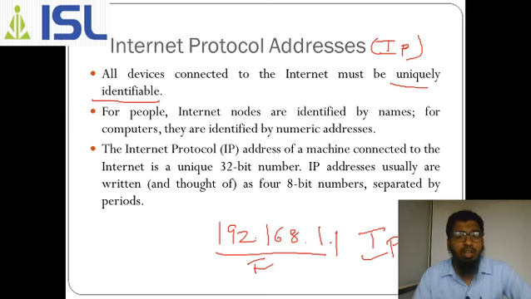The Internet Protocol address of a machine connected to the internet is a unique 32-bit number. IP addresses are usually written as a set of four 8-bit numbers separated by periods.